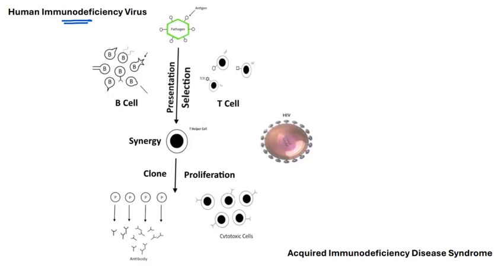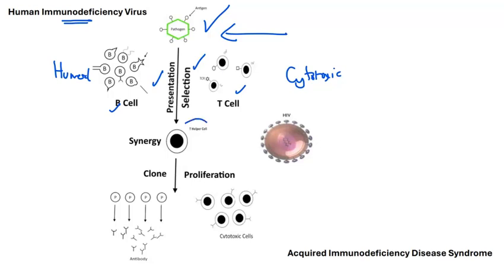So already in our learning, we've discovered that the pathogen is presented both to the humoral and to the cytotoxic system. And that's the presentation and the selection of the appropriate T cell and B cell that corresponds to this particular pathogen.